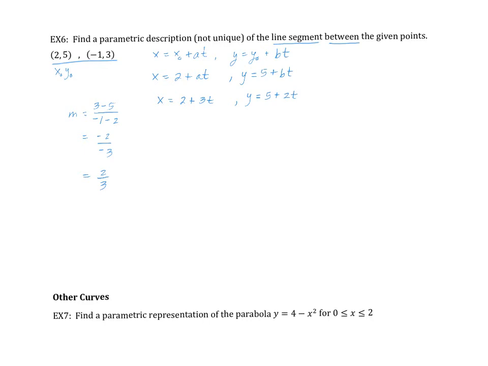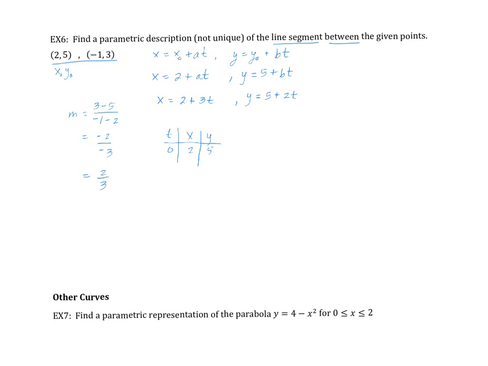So if t is equal to 0, I'm at the point 2, 5. But if t is equal to 1, I am not at the point -1, 3. Okay. So how do I figure that out?